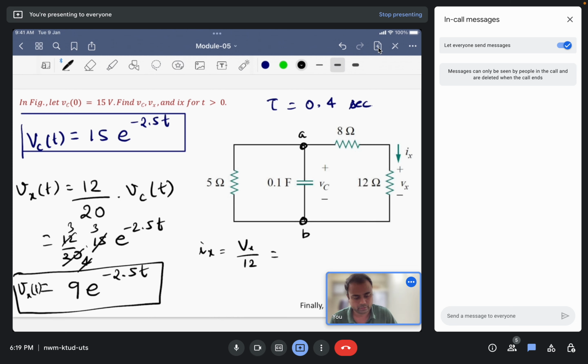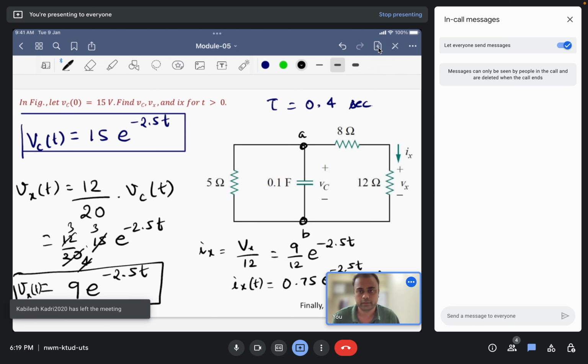So that will be 9 by 12 e to the power minus 2.5 t. 9 by 12 is 0.75. So 0.75 e to the power minus 2.5 t will be the current as a function of time, and the units will be in amperes.